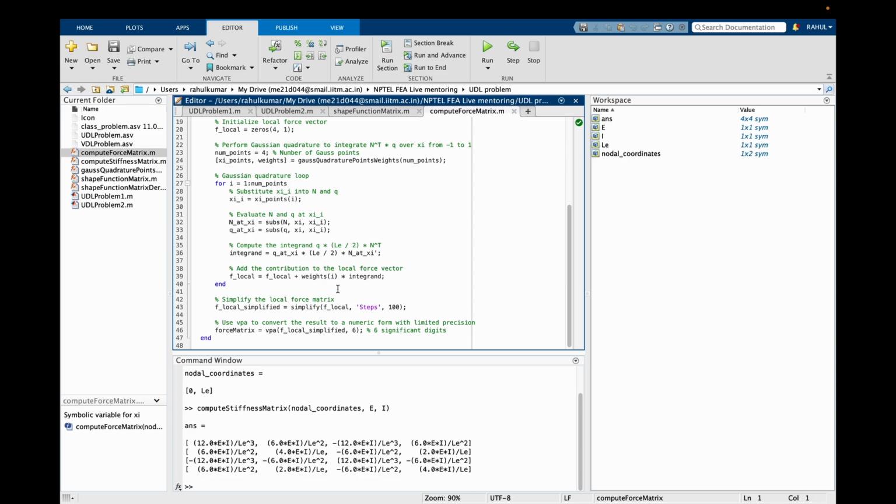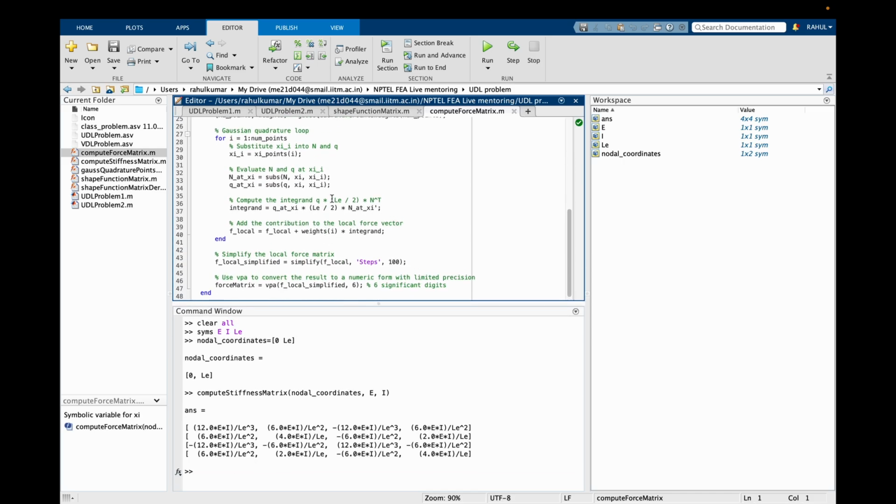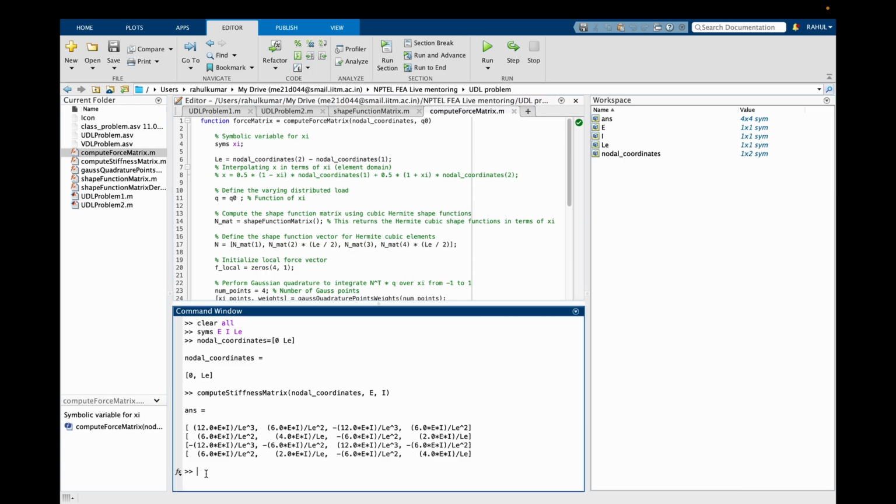So this is N transpose q times Jacobian, and Jacobian is nothing but Le by 2.